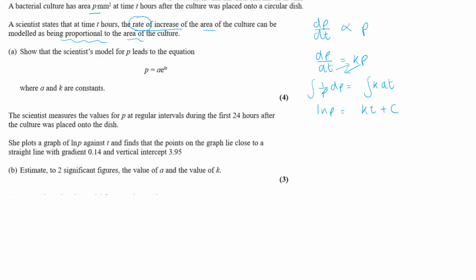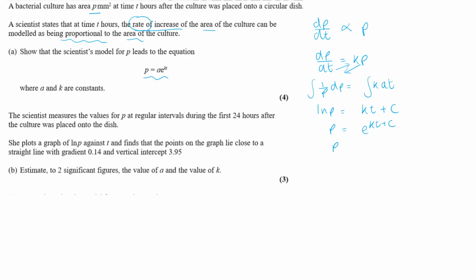Now there should be a constant of integration on both sides, but we just lump it all onto one side. So to get to this equation, we're going to raise each side to the power of e, and then that will just give us P on that side is equal to e to the kt plus c.